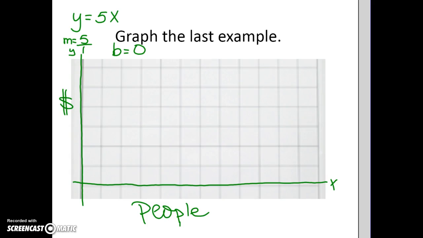So I can start with the 0 here. But I'm doing a charity dinner, so I'm probably not going to be counting by 1.